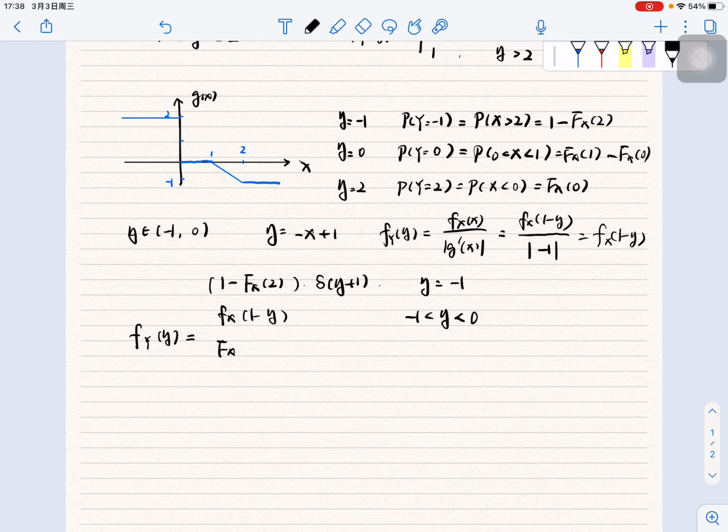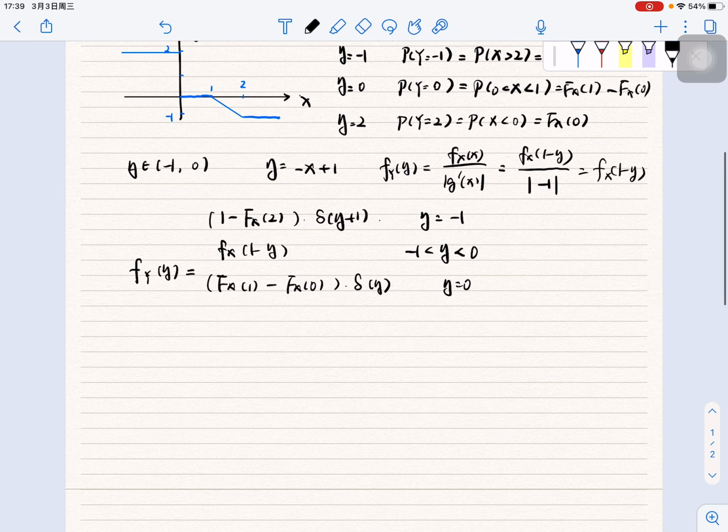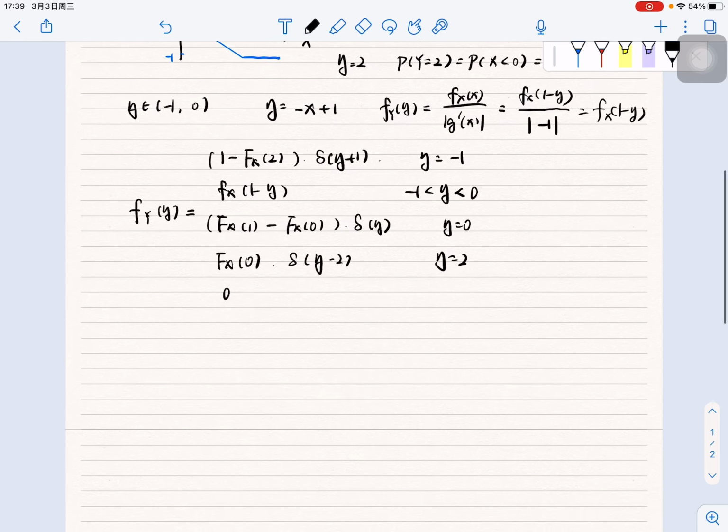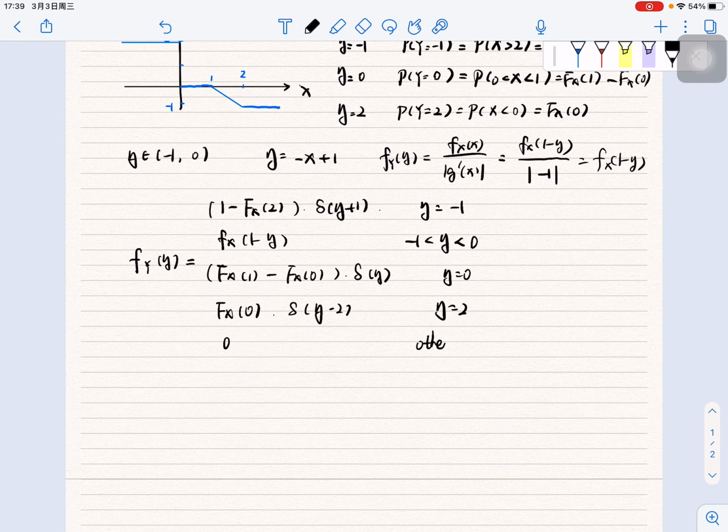Then Fx(1) minus Fx(0) multiplied by the impulse of y when y equals 0. And then Fx(0) multiplied by the impulse of y minus 2 when y equals 2. And otherwise, the function will be 0.